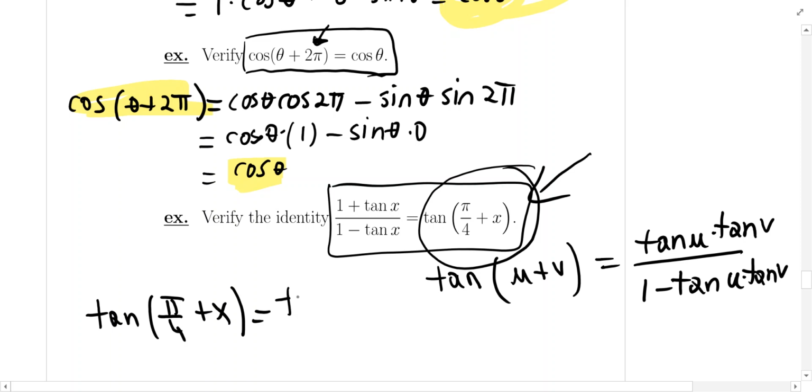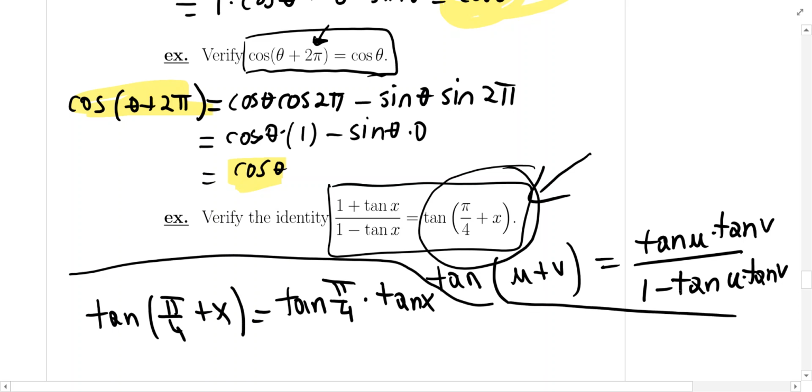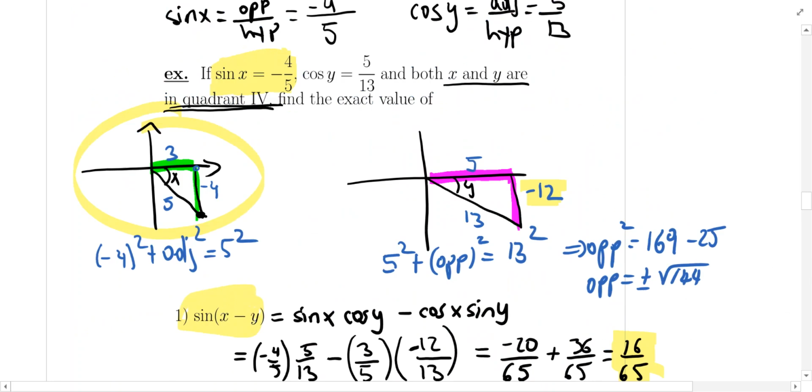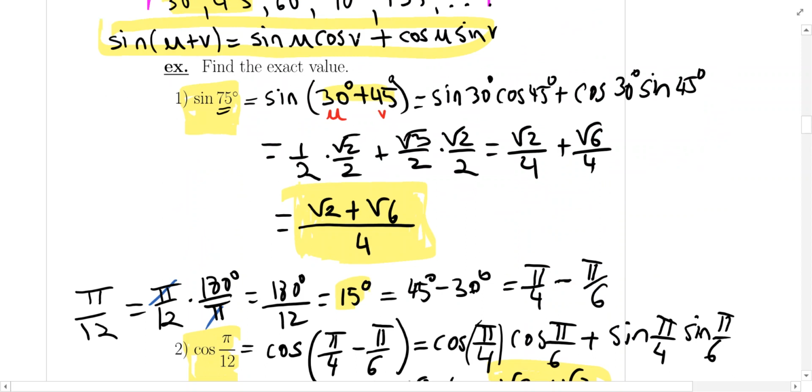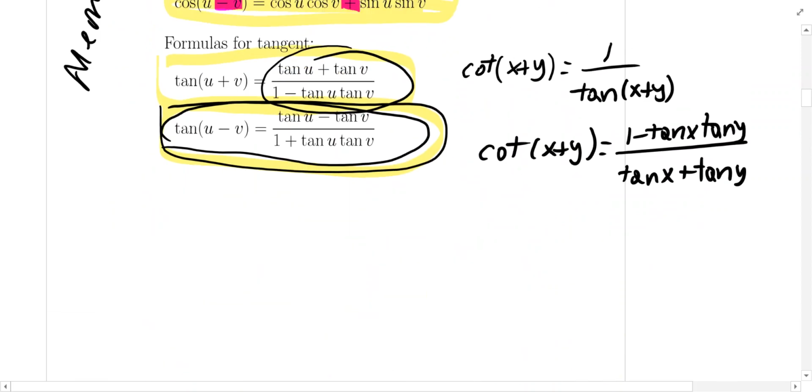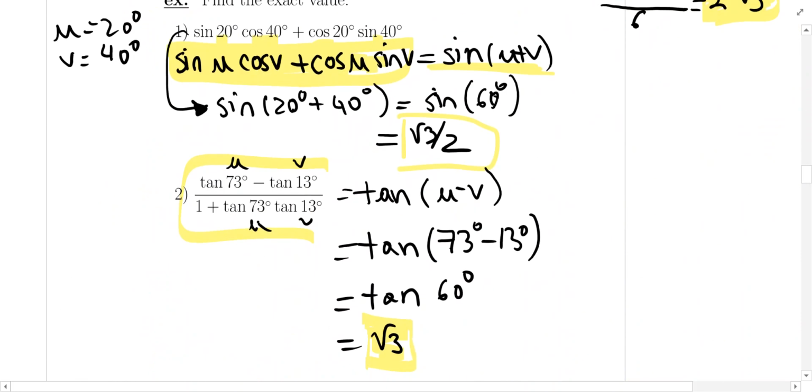According to the formula, this is going to be tangent of the first, which is pi over 4, times tangent of x over 1 minus tangent of the first. Okay, so I messed up the formula. There's a plus somewhere. It's 1 at the top is plus, not times.